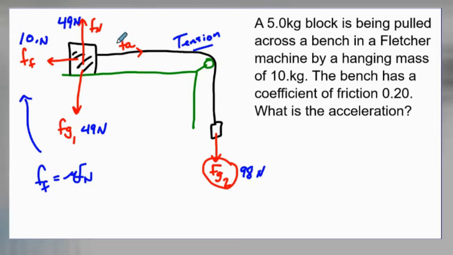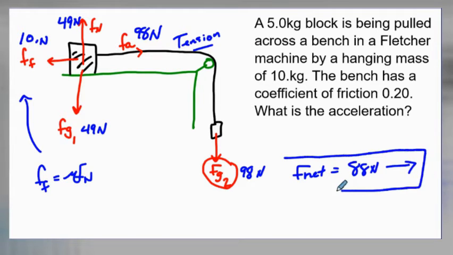My FA here essentially is 98. Technically, it's not called an FA, but it's an FG number 2, but that's 98. So now I can find that my F net is 88 newtons that way. That is critical.